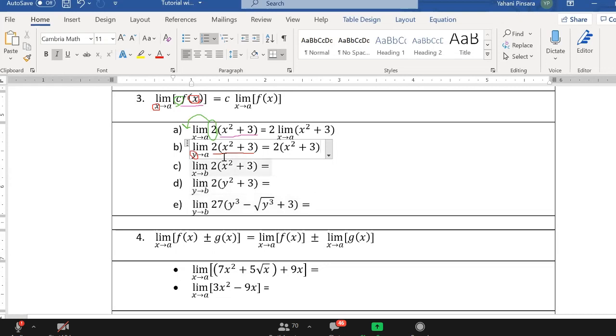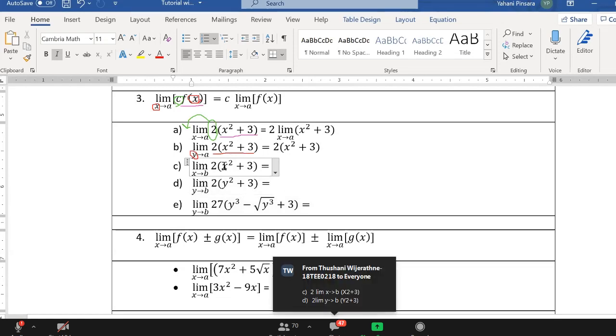Okay. So the answer should be, here x is included in the function, so you can take this constant outside.